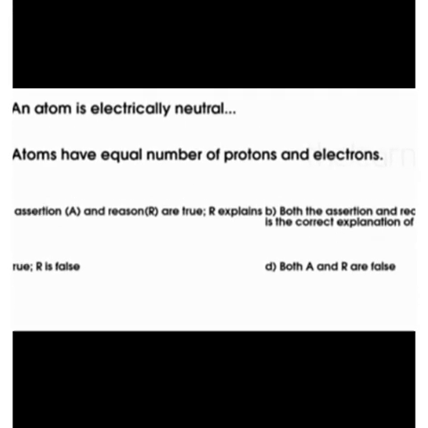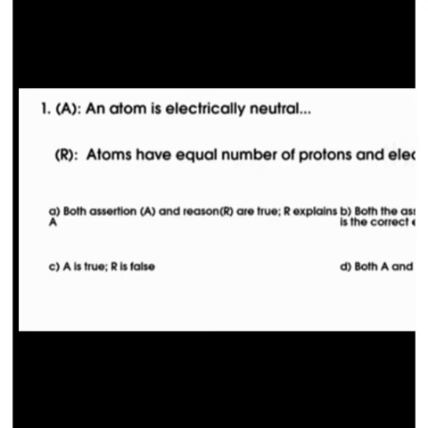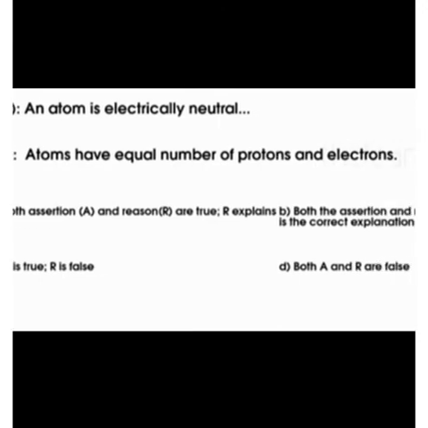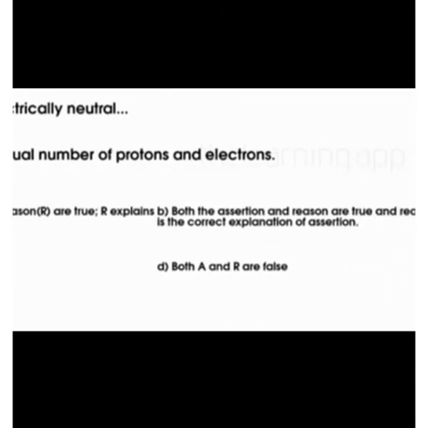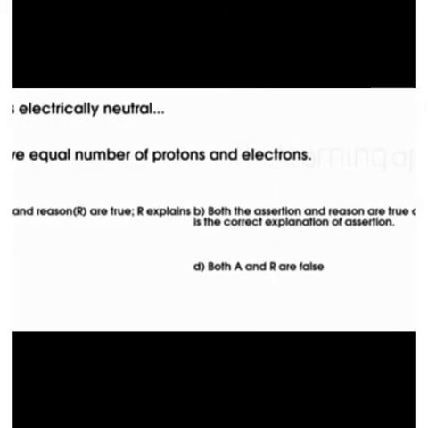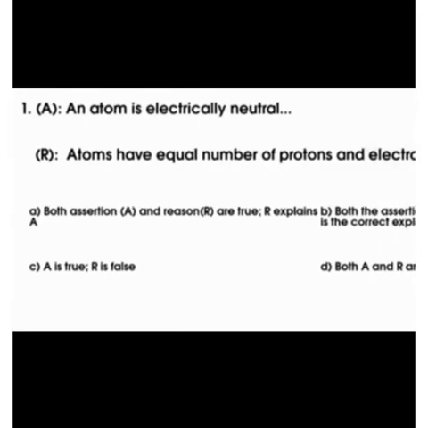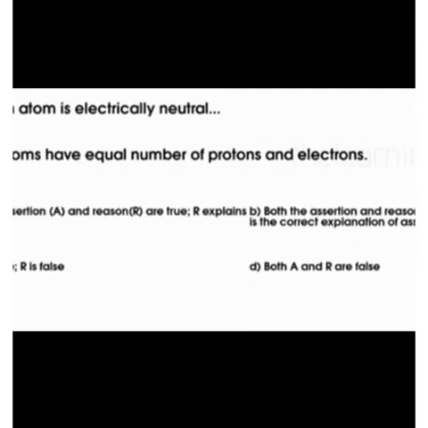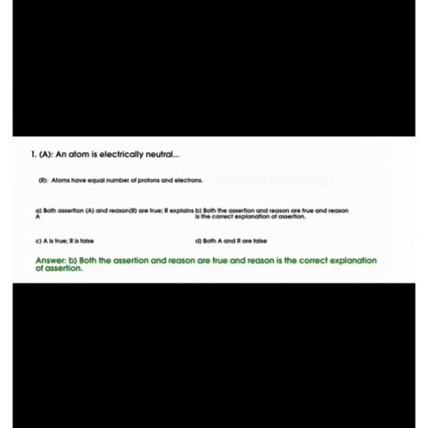The options are A. Both assertion and reason are true but reason does not explain, B. Both assertion and reason are true and reason is the correct explanation of assertion, C. A is true but R is false, D. Both A and R are false. The correct answer is B.